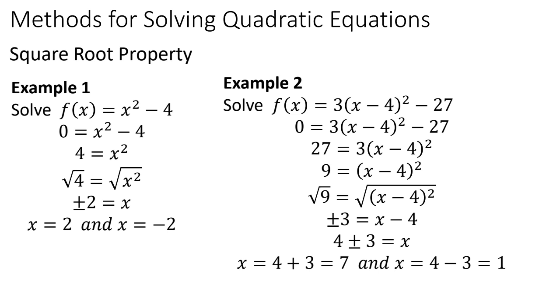If 3 was negative, 4 minus 3 is 1. So my two solutions for this quadratic are x equals 7 and x equals 1. Again, the solutions are the two points where my graph crosses the x-axis, the intercepts. I have a picture here to demonstrate what we just solved: the parabola crosses our axis at 1 and at 7.